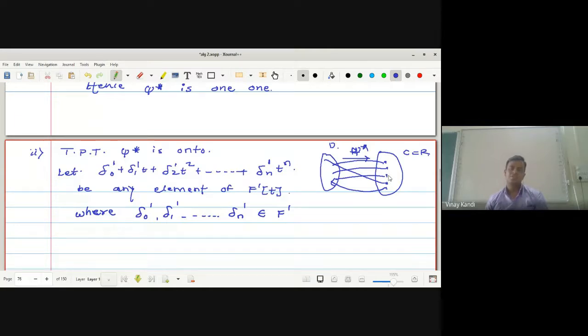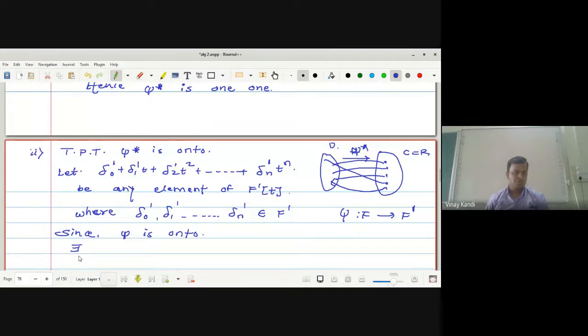If you have the pre-image in the domain, then we can say that this psi star is onto. Suppose this is the polynomial belonging to the codomain, that is F dash of t, and all the coefficients belong to f dash. But since psi is onto, psi is the mapping from f to f dash. Psi is a homomorphism, an isomorphism, that means psi is onto.